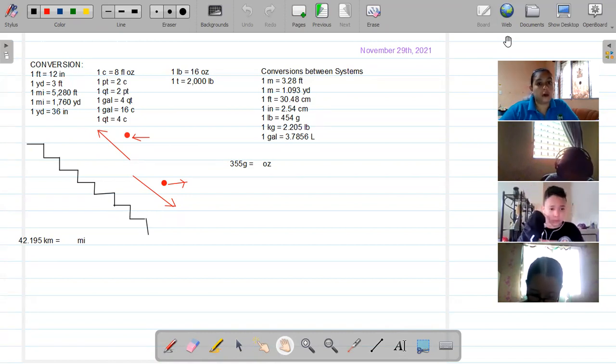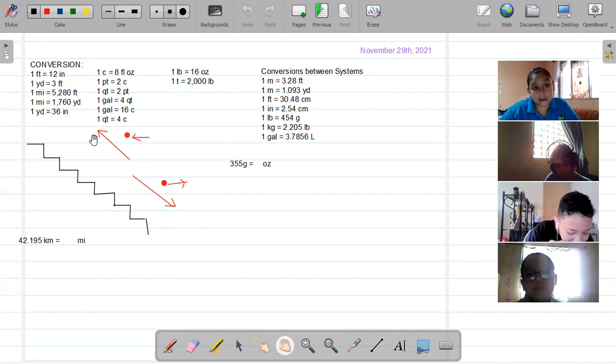Okay, we are going to make some conversions between our systems. So this first part over here are the conversions of the customary systems, the ones that we saw last week that you had to use for your homework. This is the one we saw the previous week for the metric system, where we had a 7-step ladder, or 7-step stairs.